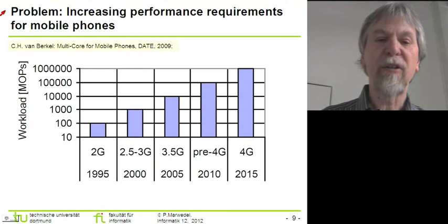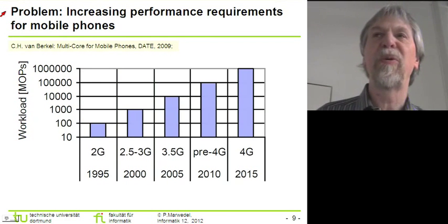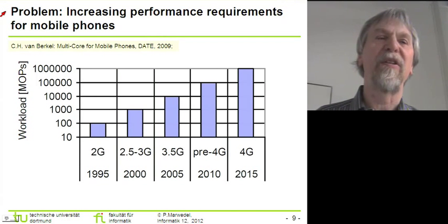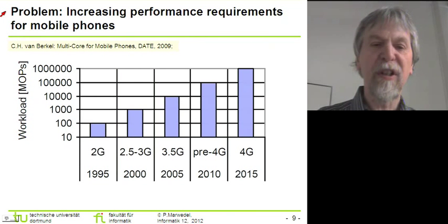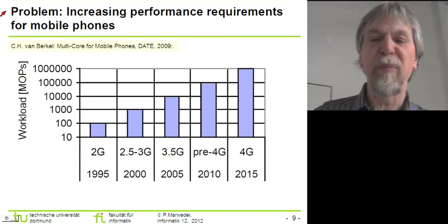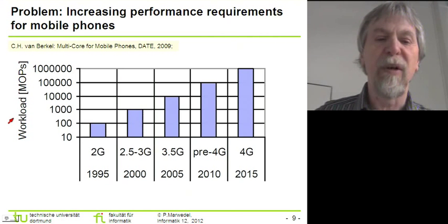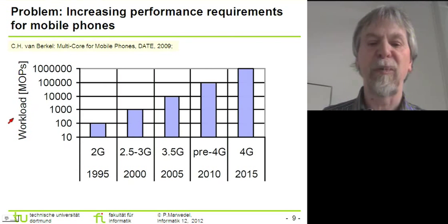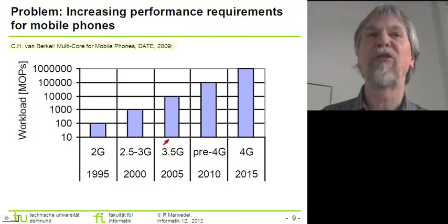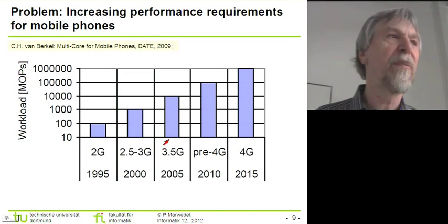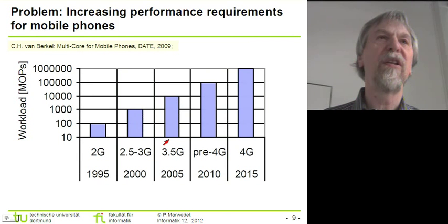Now, next, I'd like to point to another instance where we see the problems that are popping up. In this case, I'm referring to the increasing performance requirements for mobile phones. We can look at the workload in terms of the number of operations required per second. And we see that from one generation of mobile phones to the next, measured in multiples of 5 years, we see a tenfold increase in the number of operations required.